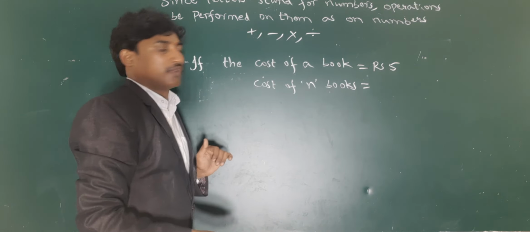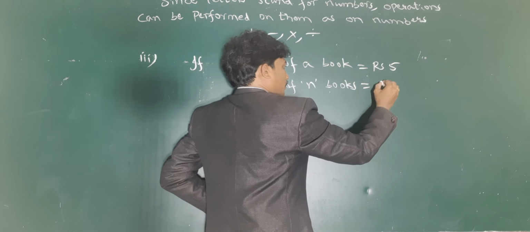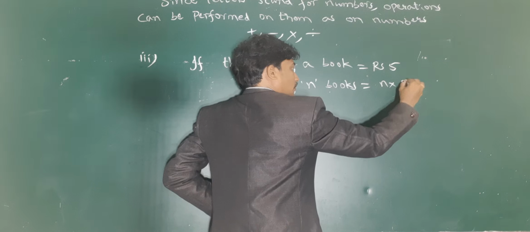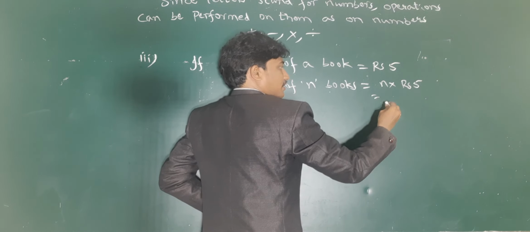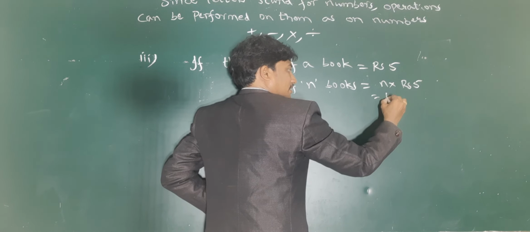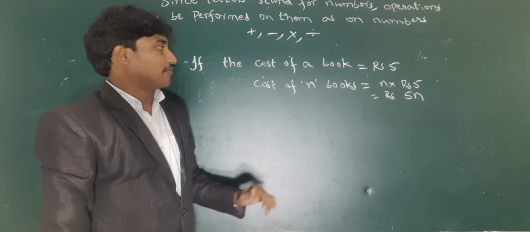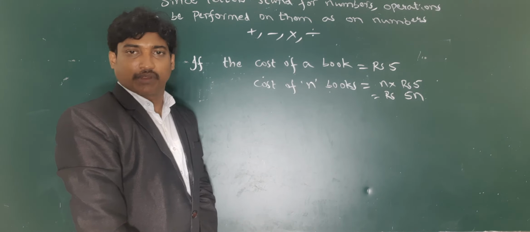That is n into 5 rupees. We can write it as rupees 5n. 5 into n is nothing but 5n.